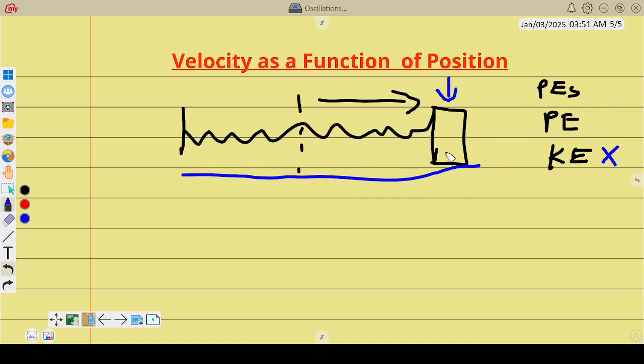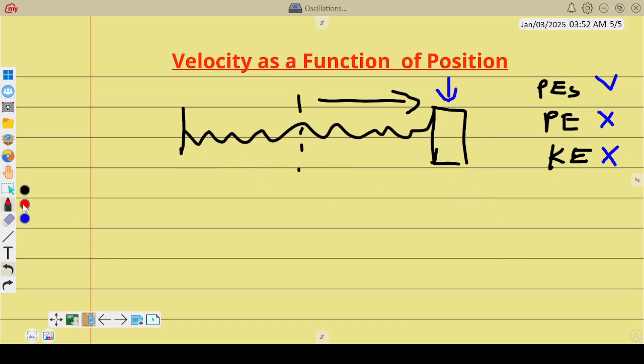It is on a level surface, meaning there is no height, so the mass is not taking part. There's no gravitational potential energy at this point. What we have is only the elastic potential energy, the energy due to the spring.